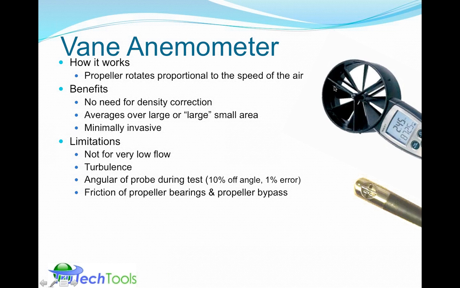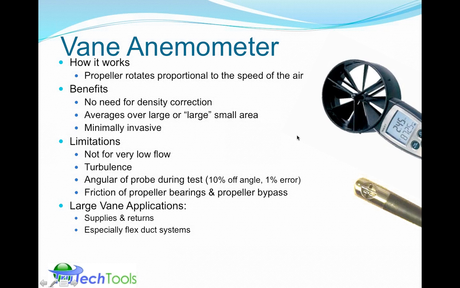For propeller bypass, you look to see if there's air that can slip by through this cross-sectional area past the blades. In the case of this design, the Tester 417, the blades are one piece molded to an outer wheel or hub, which keeps their position pretty much perfect during the whole lifetime of the product. These are the little factors or features you look for to get better quality measurements.